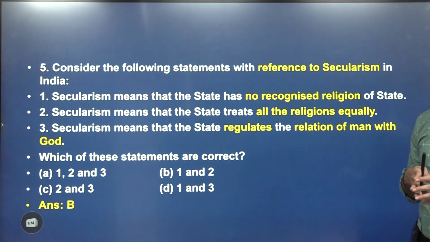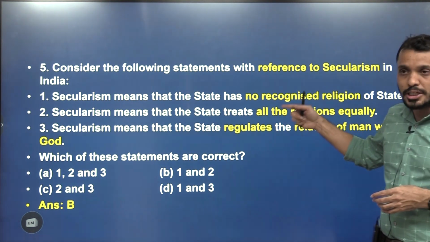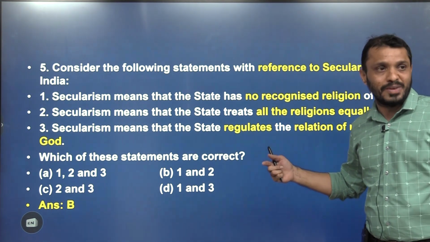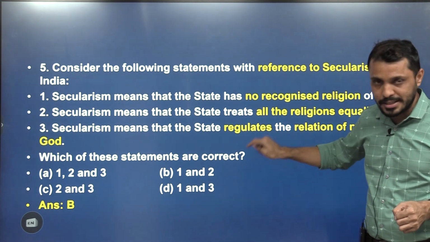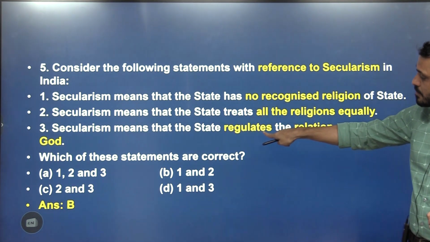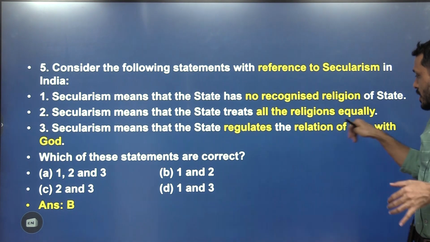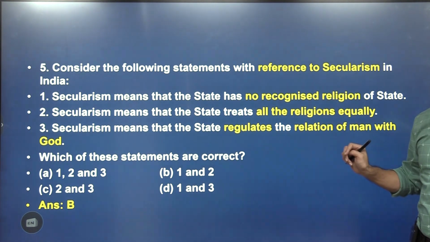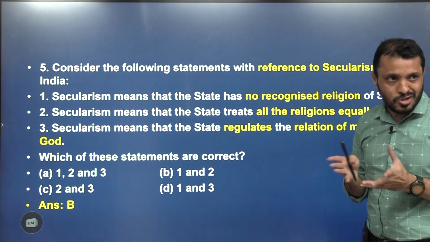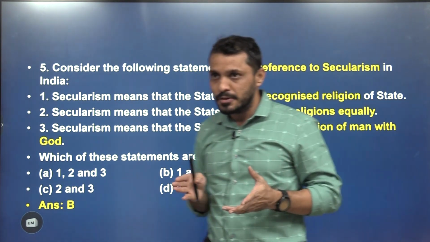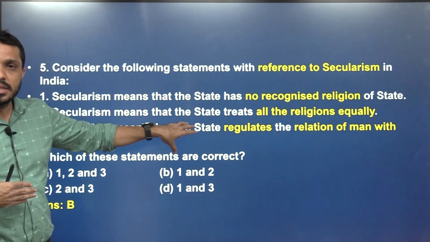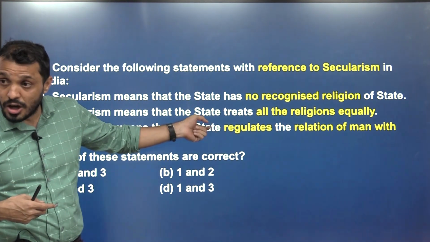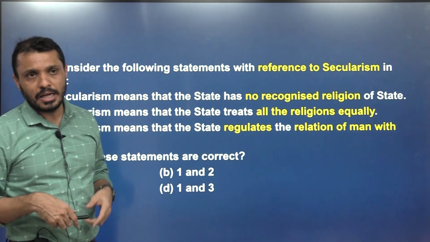That is the reason, guys, that sometimes polity questions are subjected to interpretation, and till the official key comes, different people will have different versions. If the statement had said the state reasonably controls the relation of man with God, then it would be right. Here regulate is not defined; it can be positive or negative. But to be on the safe side, we take the negative way, because Article 25 says the individual has all the freedom. So this statement will be eliminated.